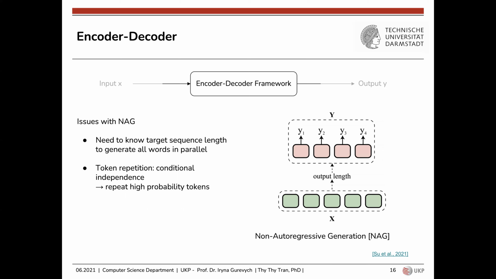Another issue is because of the conditional independence of output tokens. Non-autoregressive generation may generate repeated tokens, usually the high probability ones.